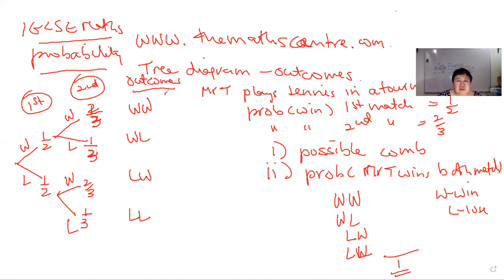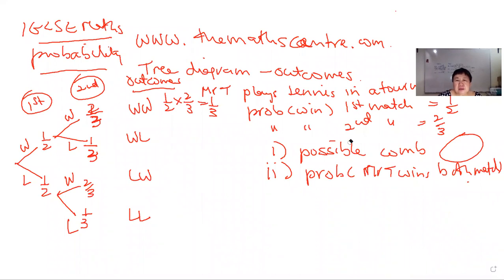In fact, the probability of winning both matches is half times 2/3, which is 1/3. So the probability of winning both matches is 1/3. Can you see? Win times win: probability of winning first is half, winning second is 2/3.